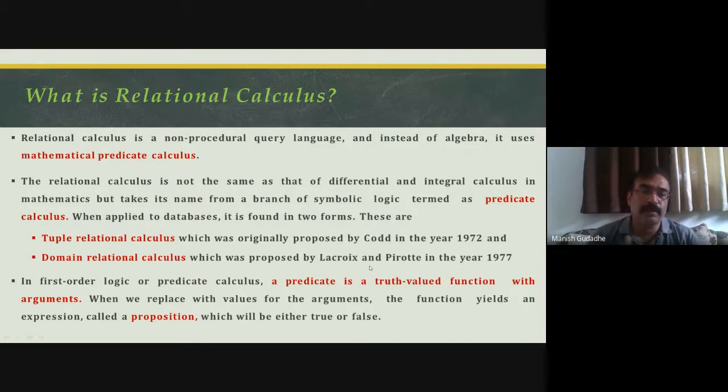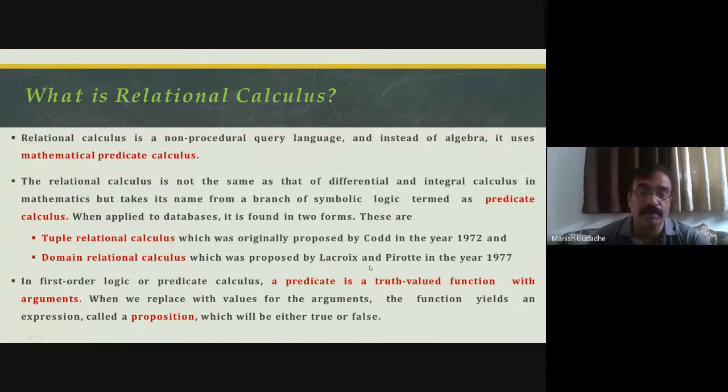So when we are talking about relational calculus, there are two approaches presented: tuple relational calculus and domain relational calculus. Tuple relational calculus is the approach which was proposed by James Codd himself, whose concept of the relational model was accepted worldwide.